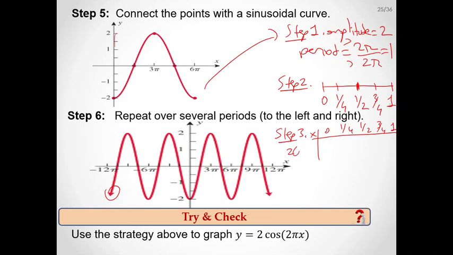Now you have to put these values inside cosine 2 pi x. This will be 2, and if this is a cosine function, it always starts at 2 like this one, and the other one goes to 0.